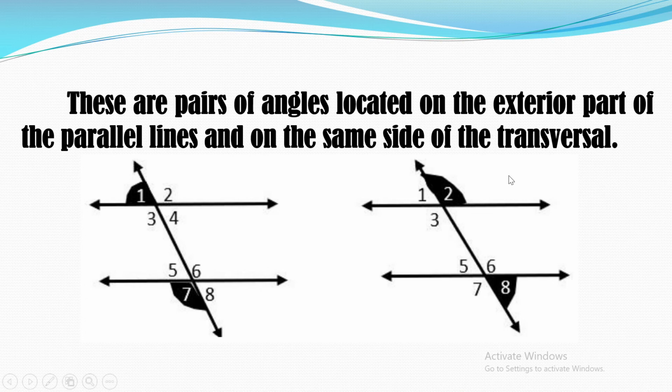So if we're going to consider our second figure with marked angle pairs, angle 2 and angle 8, note that those two angles are both on the right side of the transversal, and they are both found on the exterior part of the two parallel lines.